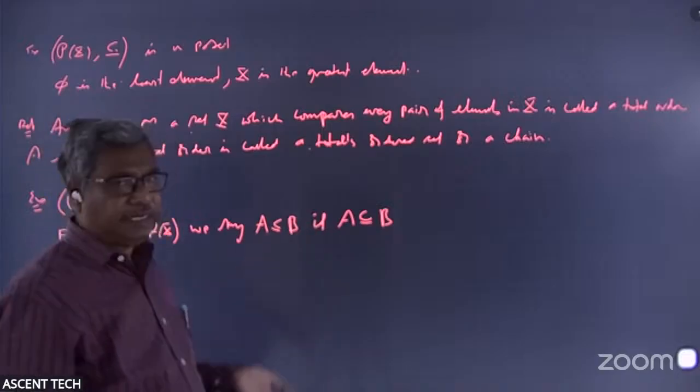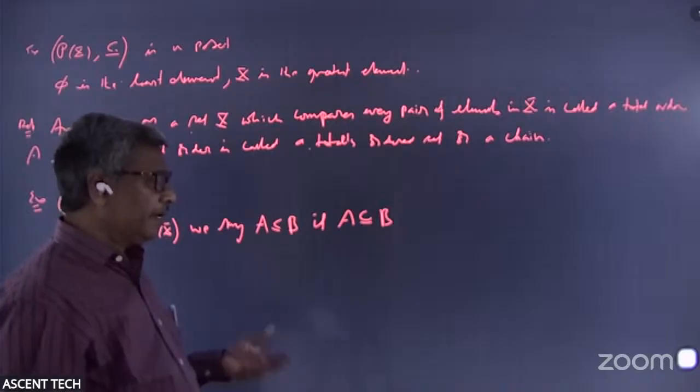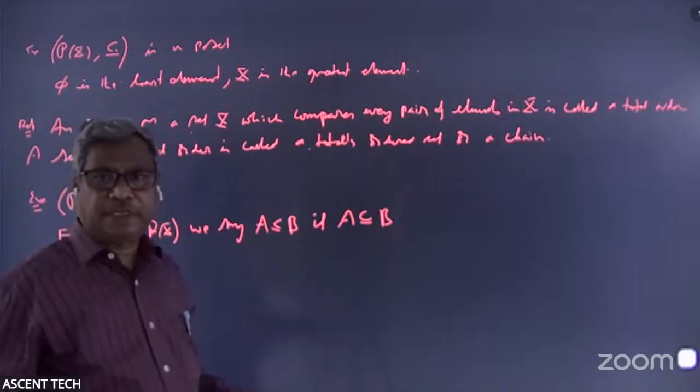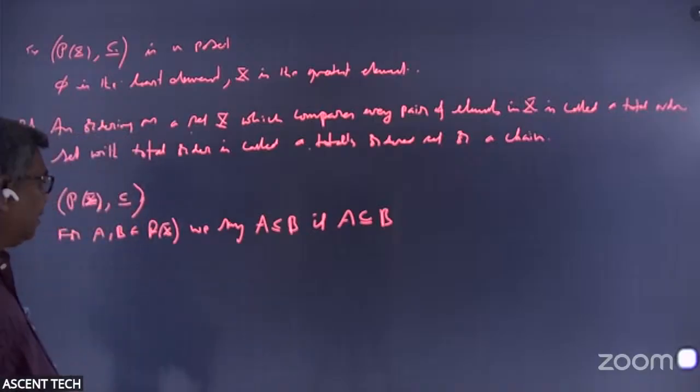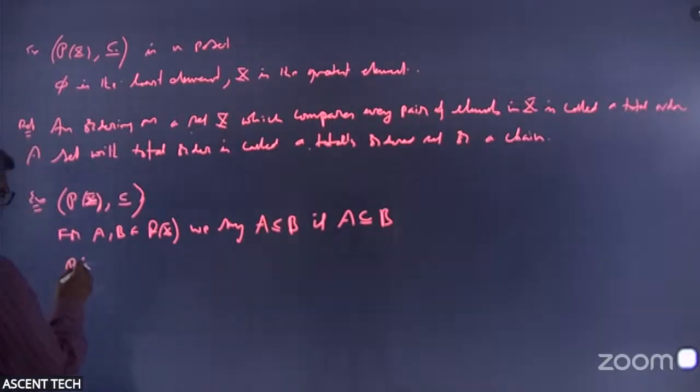You can very well see that if I take two subsets of X, they don't have to be comparable, and so this is not a totally ordered set. The power set of X is not a total order.